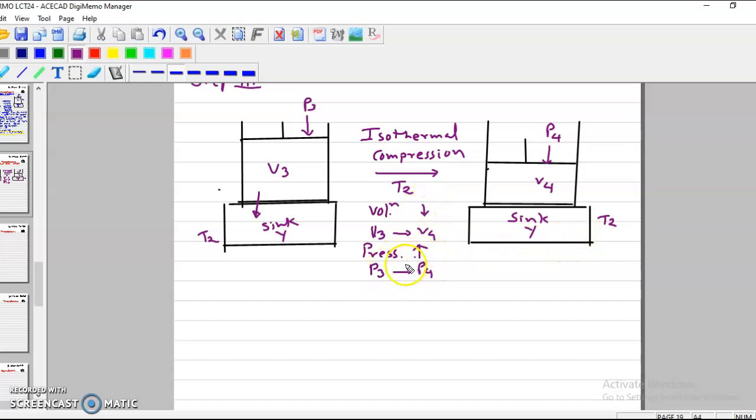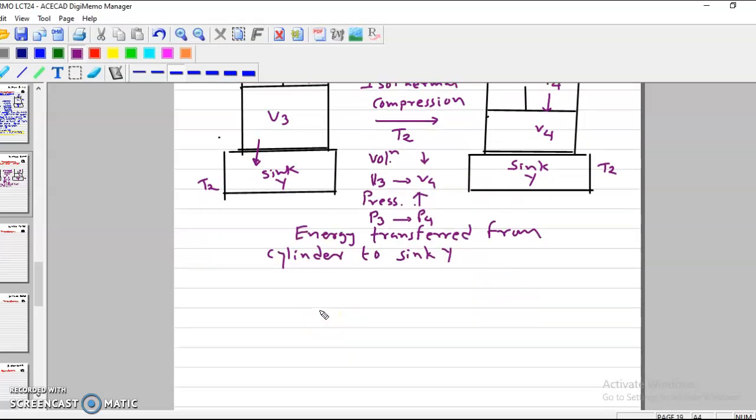There is no change in the temperature, and here energy transfers from cylinder to sink Y, and that is an exothermic reaction. So this is an exothermic reaction.